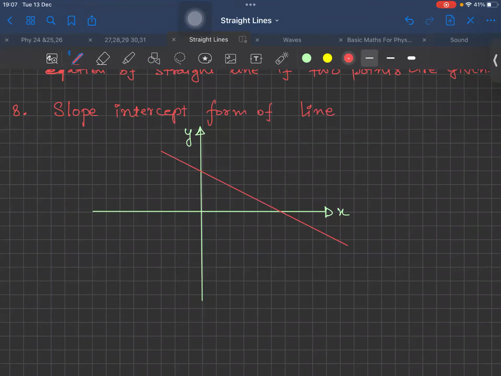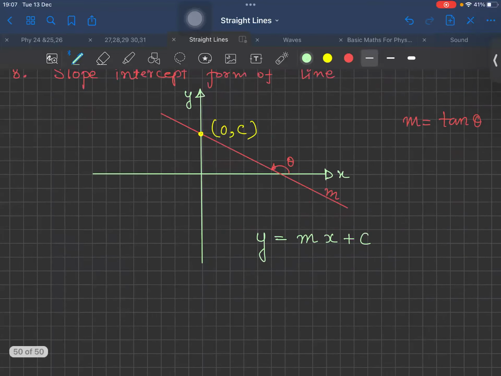Slope intercept form means you are given the slope, either the angle theta or the slope m directly, because m is equal to tan theta. If either m or theta is given, and you are given the point where it intersects the y-axis, that is 0, c or 0, b, then the equation of the straight line becomes y is equal to mx plus c. So this is slope intercept form.